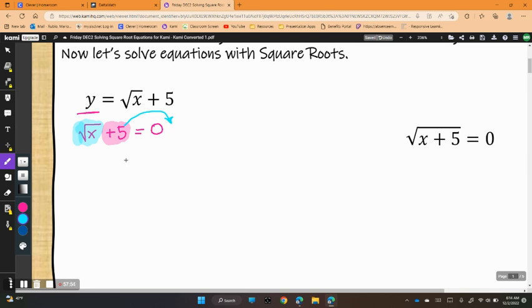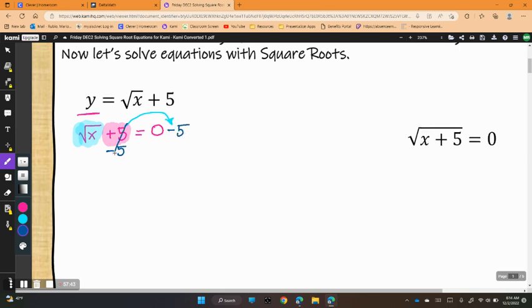Okay, so how do I do that? Well, let's take a refresher here. I can move this 5 to the other side by subtracting 5 from both sides. These 5s will cancel out, and I'll bring down my square root of x, bring down my equal sign, and 0 minus 5 is negative 5.